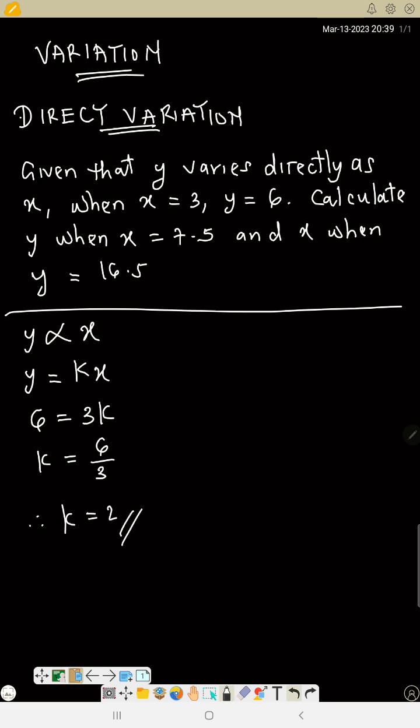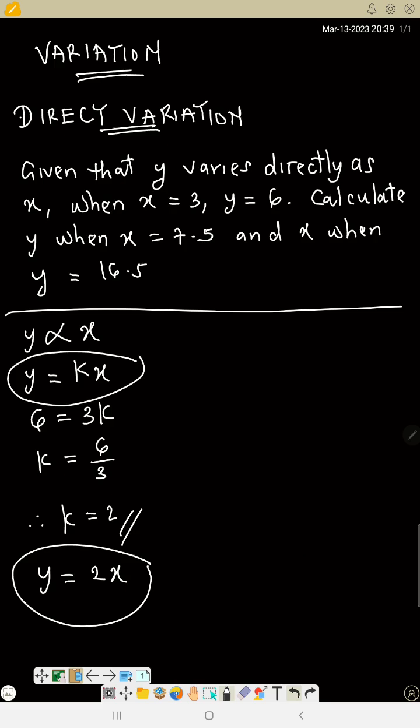Now that you know your k, you need to go back to this equation. You substitute back, so you now have y equals 2x. You come back to this place and put your k equals 2. This one is called the equation connecting y and x. From here you can do every other question.